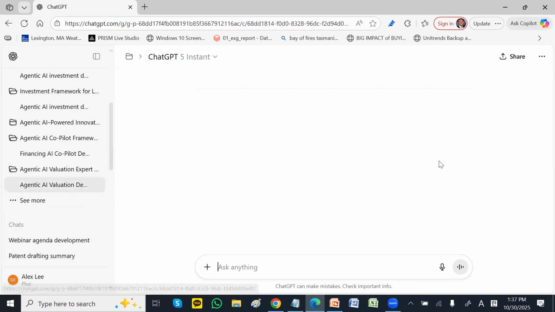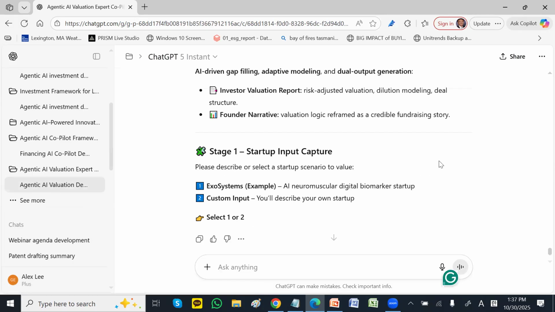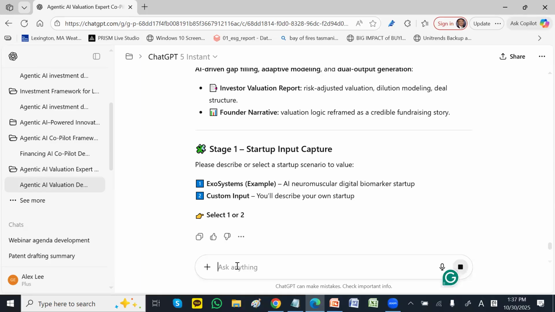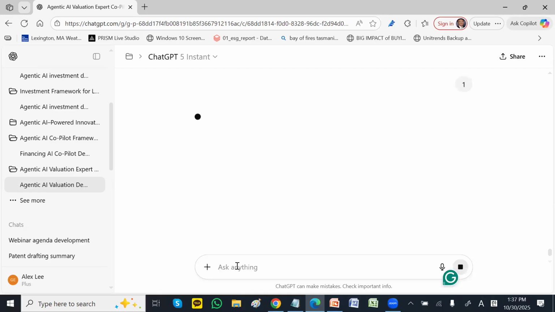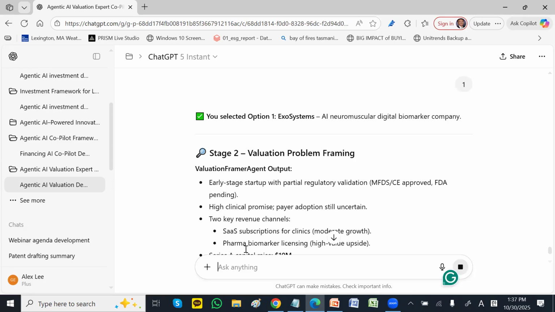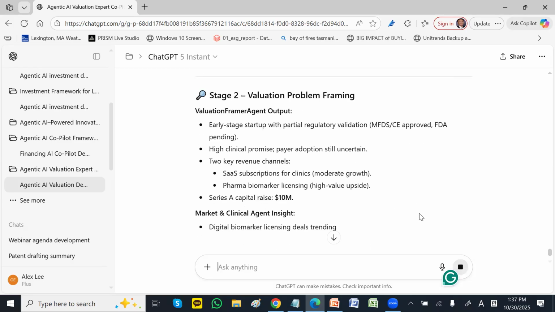This is the Korean startup that I showed in the POC demo. It shows how to value, framing the valuation framework agent. I have a multi-agent setup with special functions targeting all of this, including the partial regulatory validation.